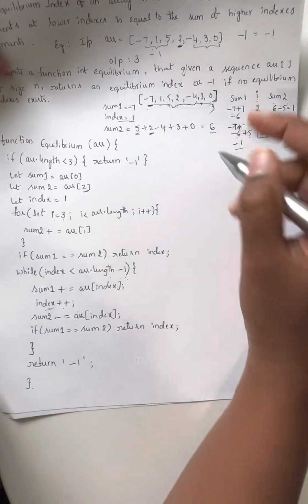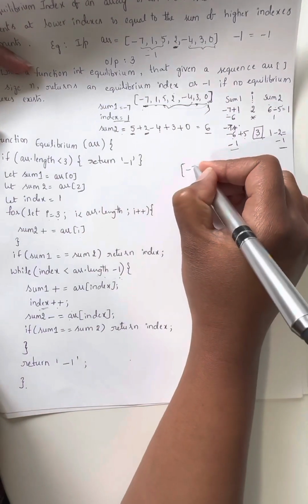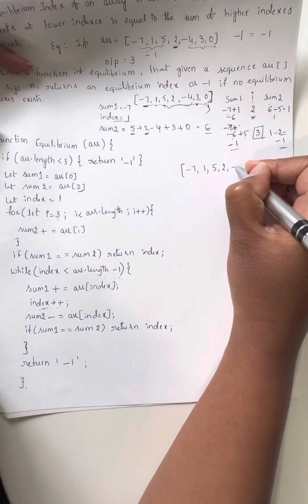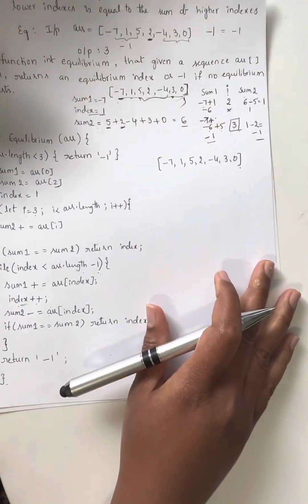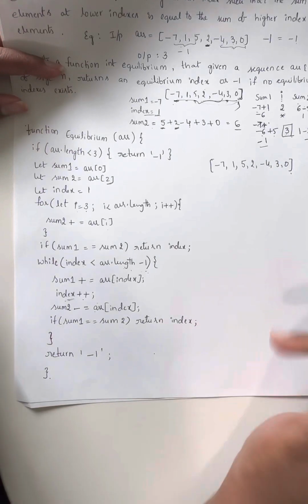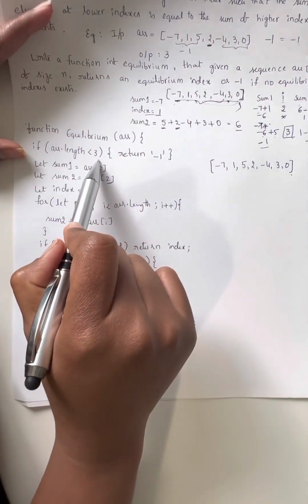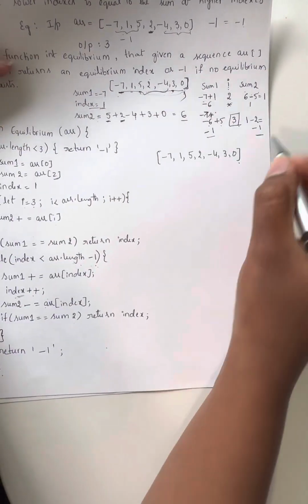So let's check our code with the example. So the example is minus 7 1 5 2 3 0. First it's gonna check if array dot length is less than 3. So the array dot length for our example is 7.